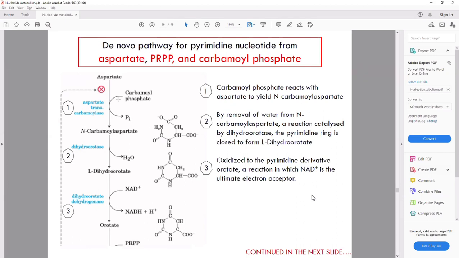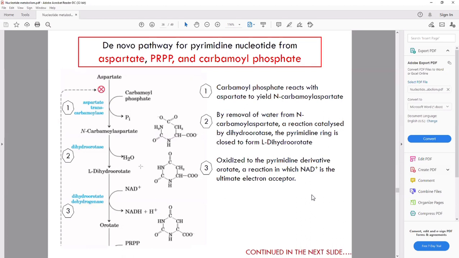The enzyme aspartate carbamoyltransferase catalyzes this reaction. Then once we have this N-carbamoyl aspartate, it undergoes a dehydration process by the enzyme dihydroorotase to form dihydroorotate.